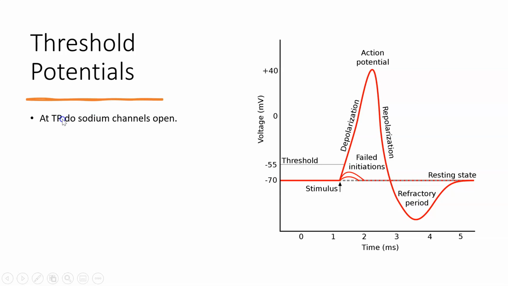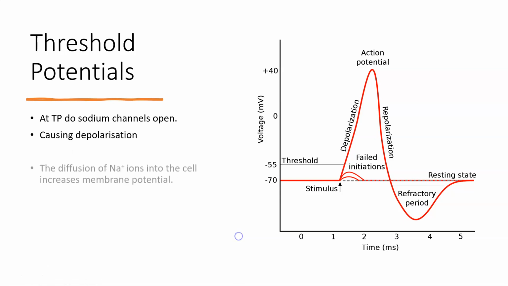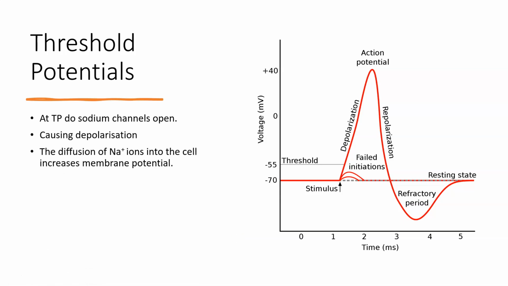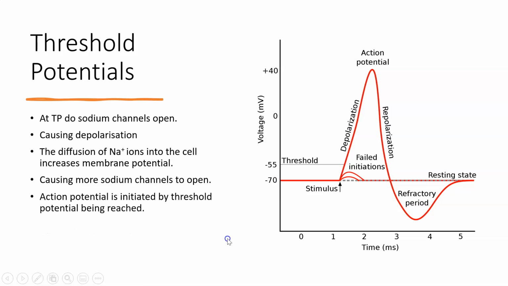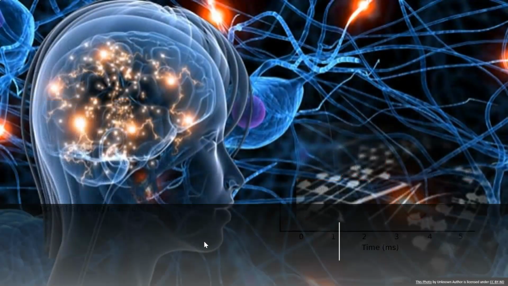So at the threshold potential, the sodium channels open. This causes depolarisation. The diffusion of sodium ions into the cell increases the membrane potential, causing more sodium channels to open. Action potential is then initiated by the threshold potential being reached.